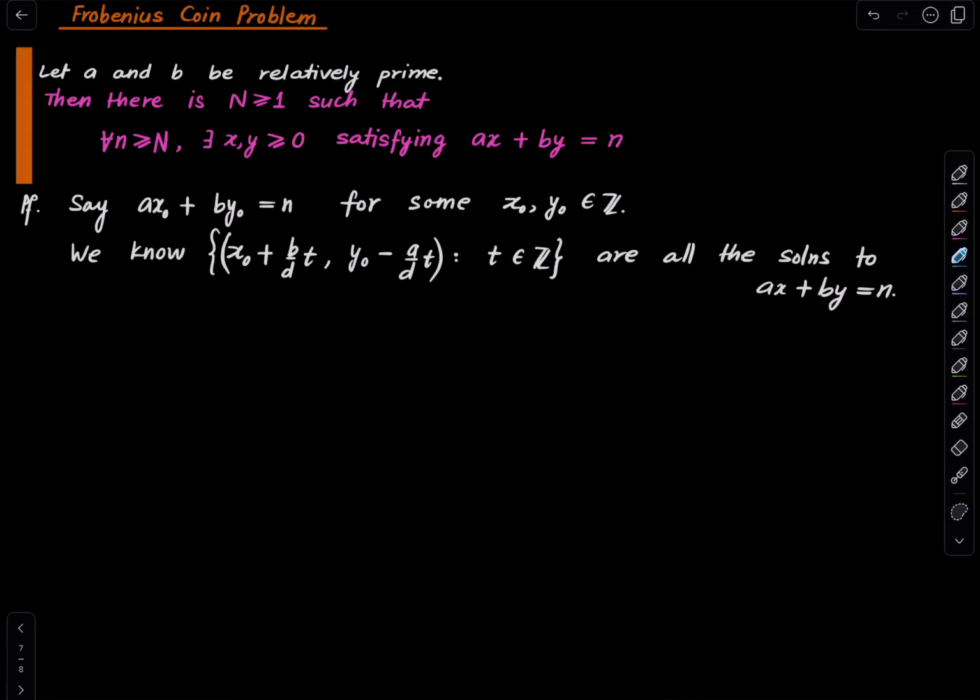So we want to show that if n were sufficiently large, there is an integer t such that both coordinates of a solution are non-negative.